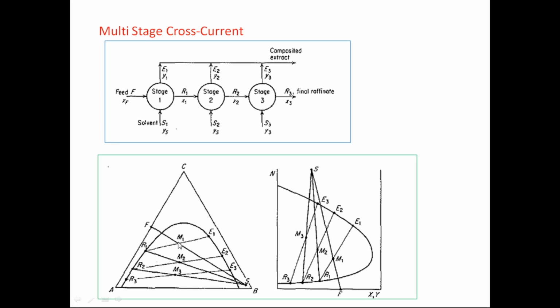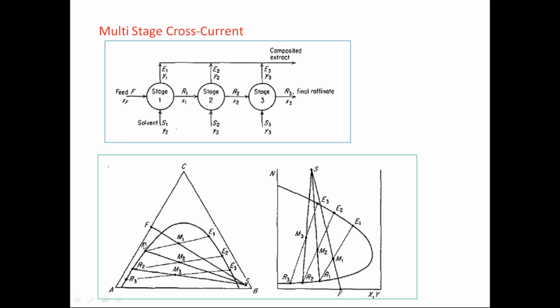How do you calculate xm1? xm1 can be calculated as F into xf plus S into ys, divided by F plus S. So on the FS line, the M1 point will be found. Then you have to draw one tie line which goes through the M1 point. Then you will get E1 and R1. E1 is the extract from the first stage. R1 is the raffinate from the first stage.